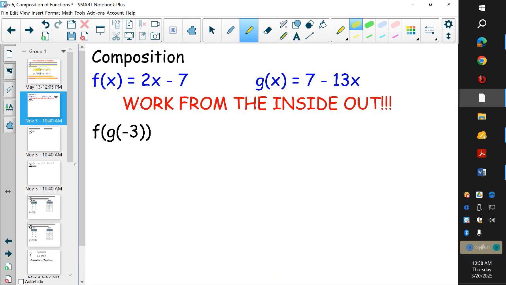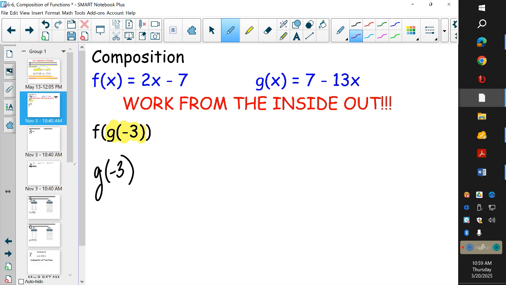Now, super easy. Do not make this more than what it is, okay? Composition, I give you the 2 functions. F of x is 2x minus 7, and g of x is 7 minus 13x. You are going to work from the inside out, always and forever. So if I'm working from the inside out, what is the number touching? The letter G. So that means I'm going to calculate G at -3.